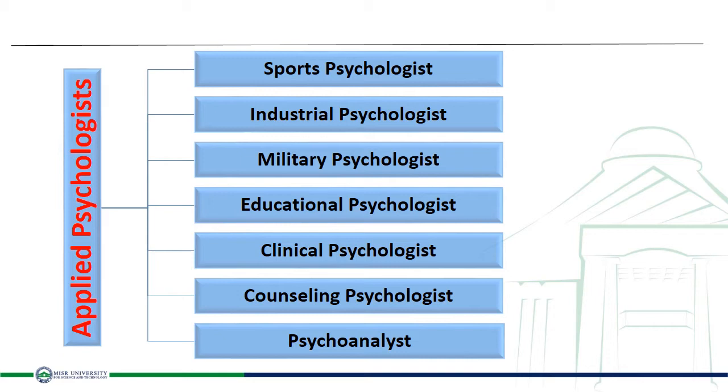We can define an applied psychologist as the person who tries to put basic principles of overt and covert behavior, discovered by the basic psychologist, into practice. So they apply the principles of psychology in order to help humans in one way or another.